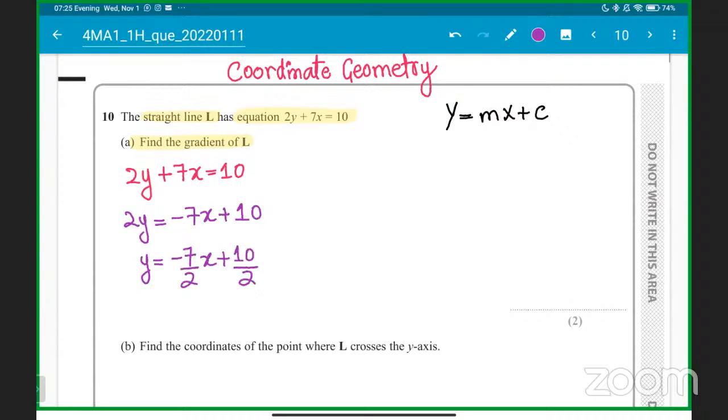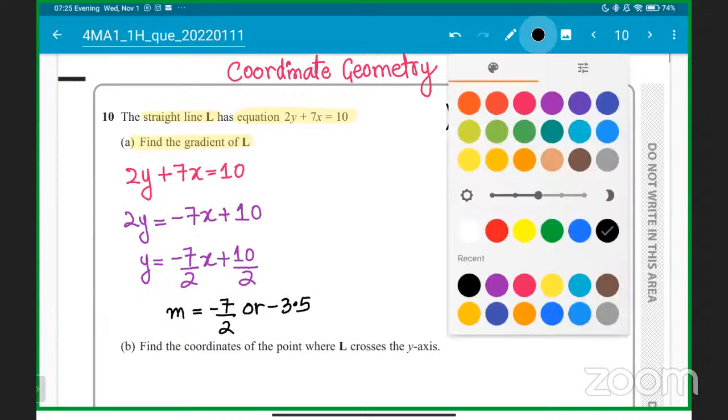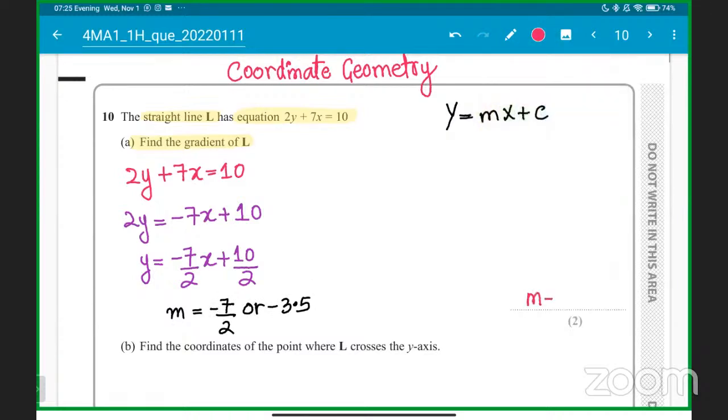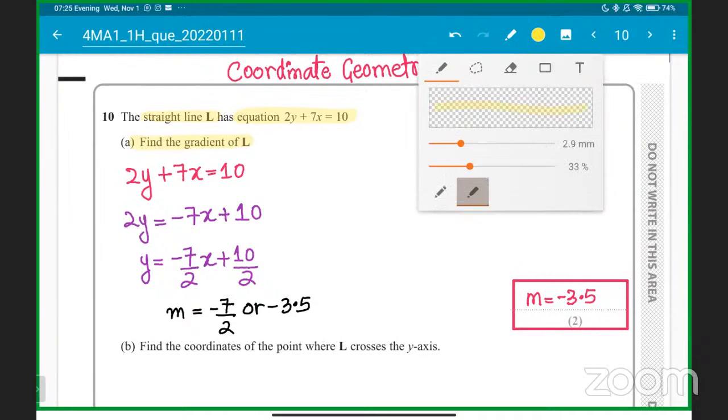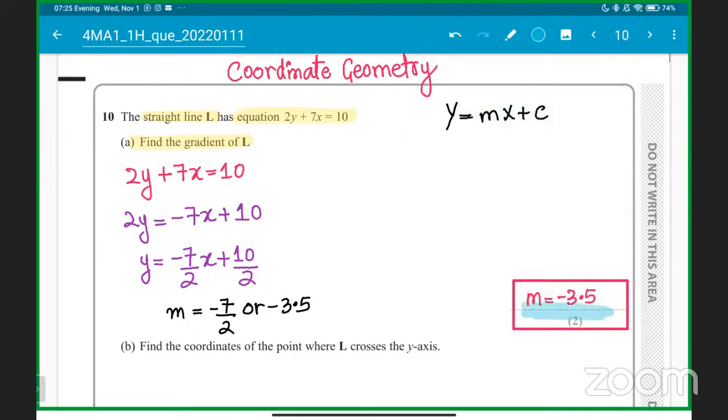So this is arranged in the form y is equal to mx plus c. And you can easily say that the gradient m is equal to minus 7 over 2 or negative 3.5. So I'm going to write it down here. m is equal to negative 3.5, okay? We got this and it's clear now, okay? Yes, sir.